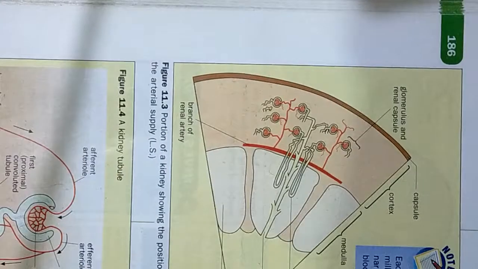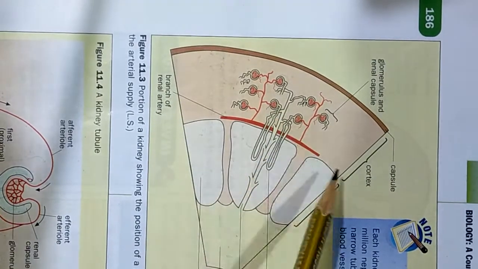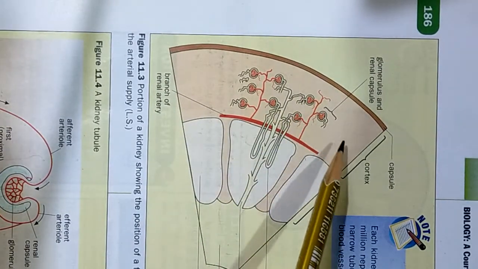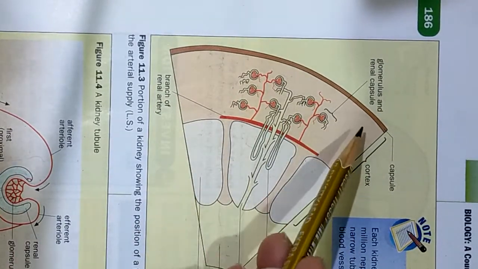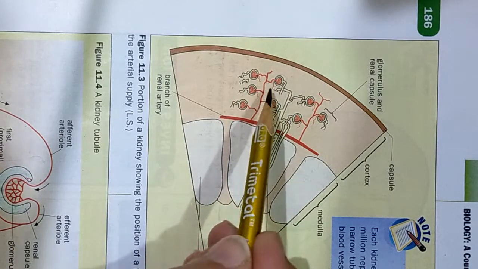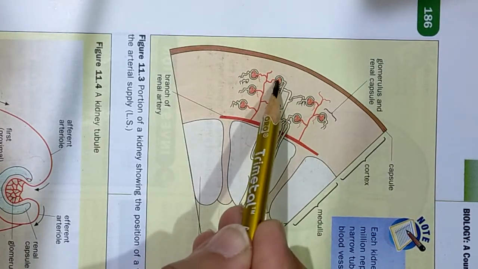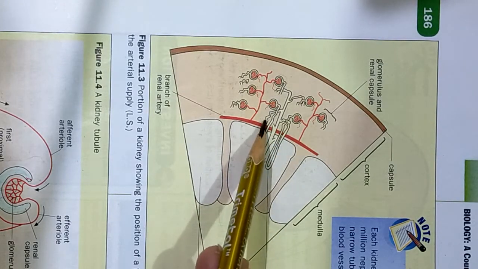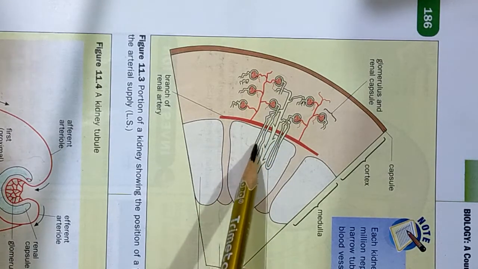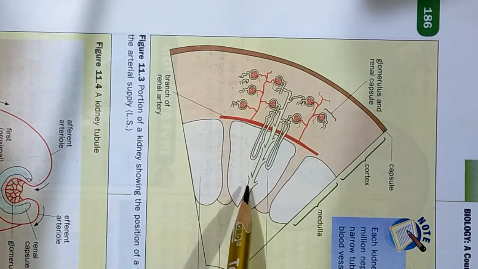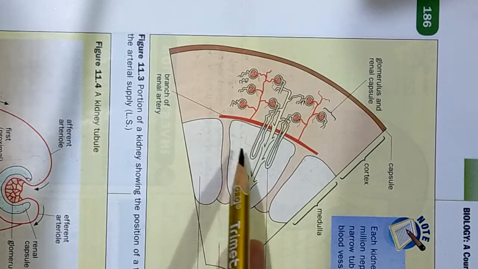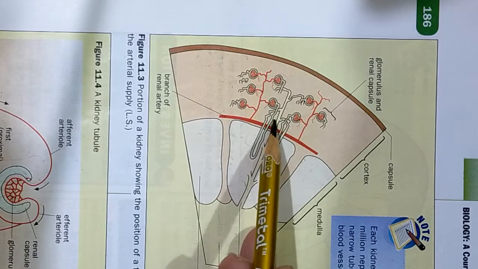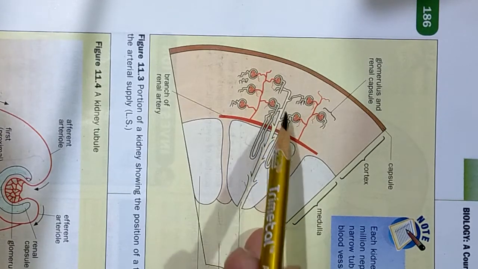Here you can see it again in this diagram. In the kidney region, in the cortex region, the Bowman capsule and glomerulus are present, then this convoluted portion, then this U-shaped loop of Henle is present in the medulla region, then again the second convoluted part is in the cortex region.